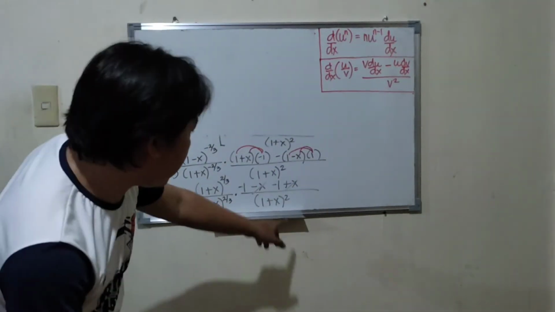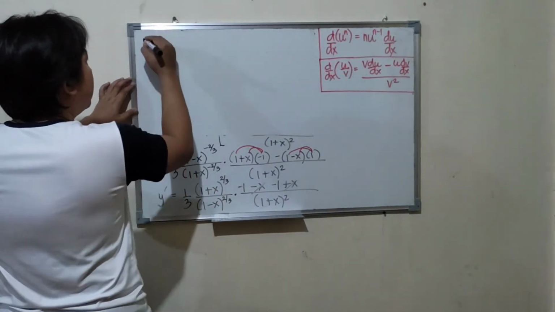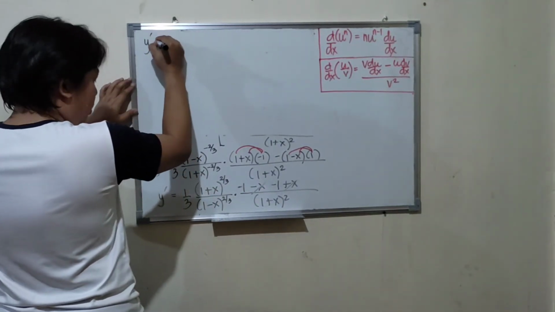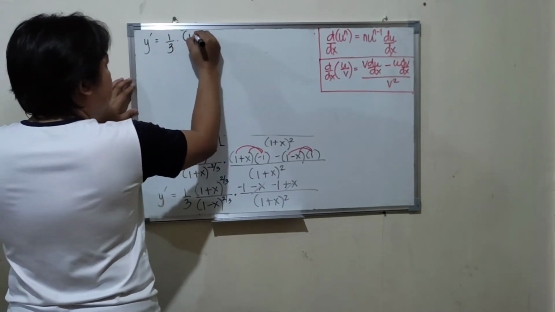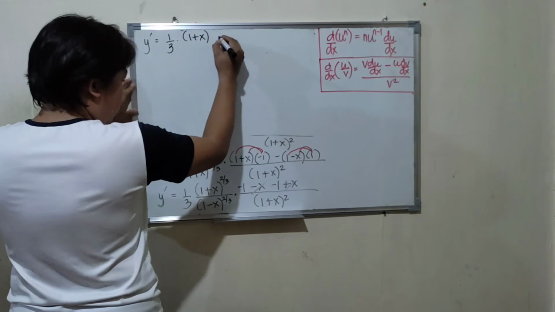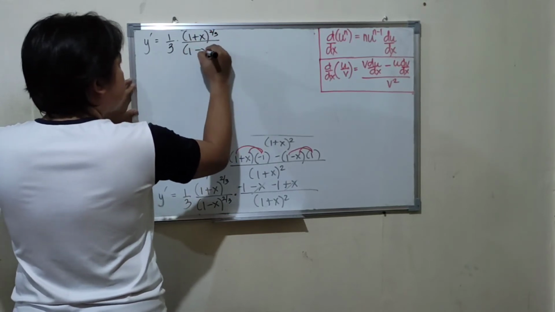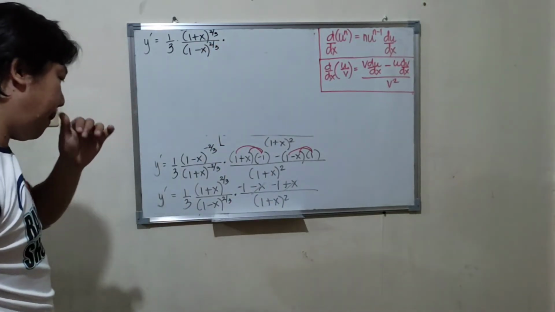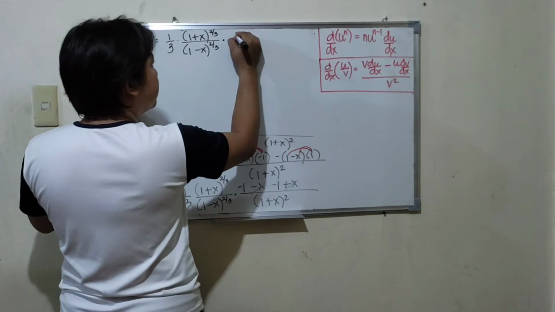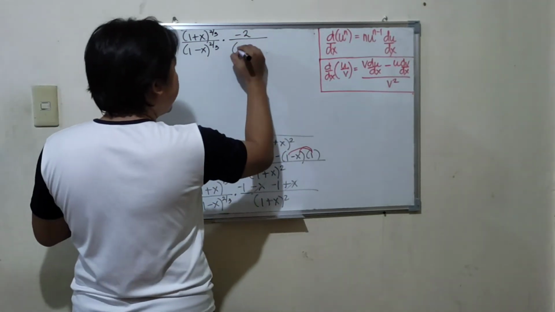Okay, so let's combine negative 1 and negative 1. Just rewrite this. Y prime is equal to 1/3 times 1 plus x raised to positive 2/3, and then we have 1 minus x raised to positive 2/3 times negative 2 over 1 plus x squared.